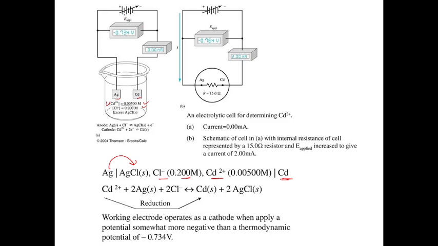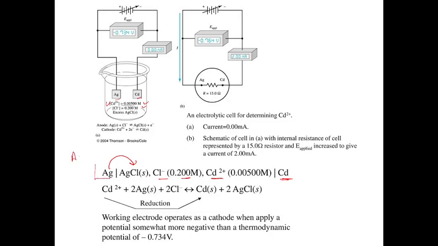Before applying current, the potential is this one. Now we will discuss a little bit about the reaction. Here Ag is converting to Ag+.